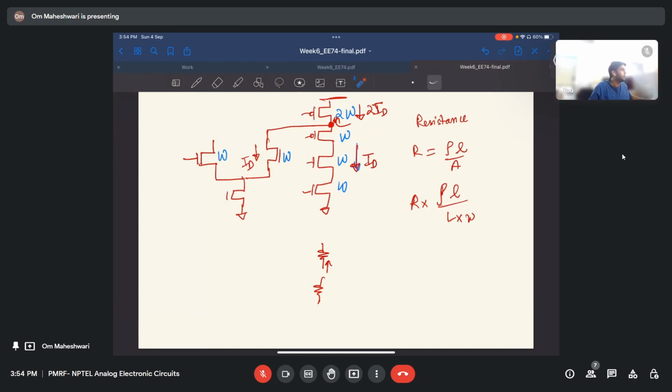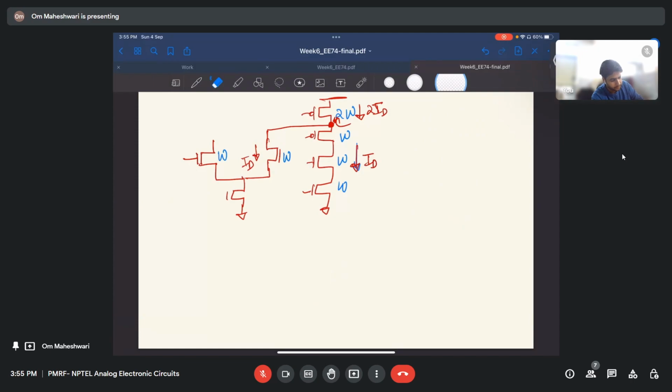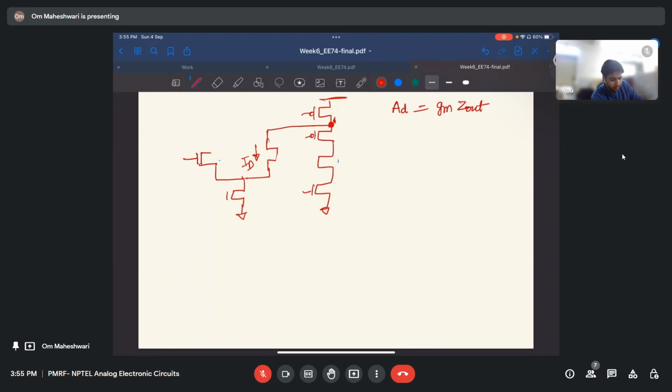Okay, so anyways, again what we have to find here is this. We have to find the gain AD, and it is again GM times Z out. The GM will be of the input transistor, since we are applying input here.